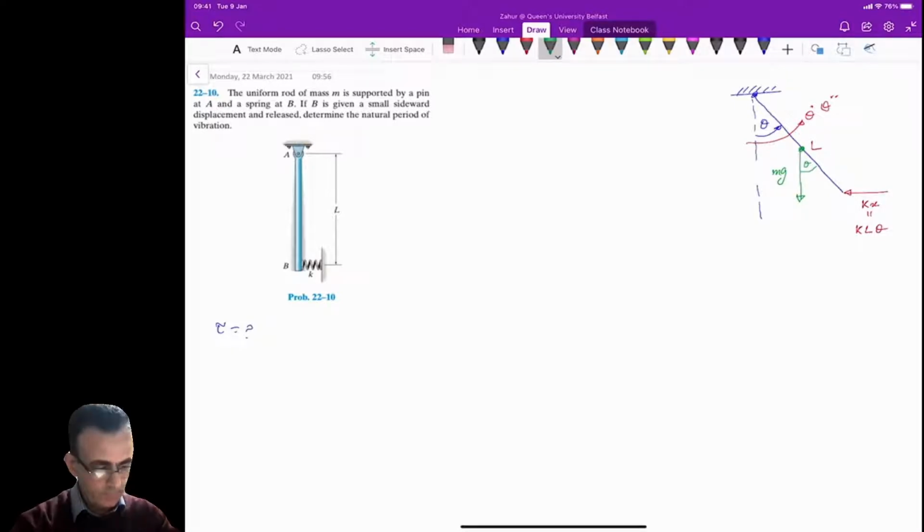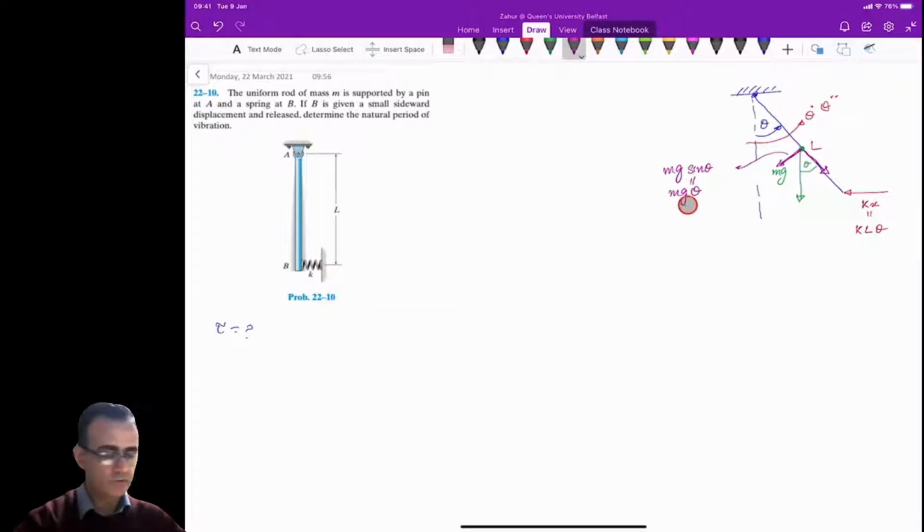So again, you can split this into two components. One will be in this direction here, which is perpendicular to this line here, and one will be in this direction here. This component here is mg sine theta, or mg theta, because sine theta is equal to theta.